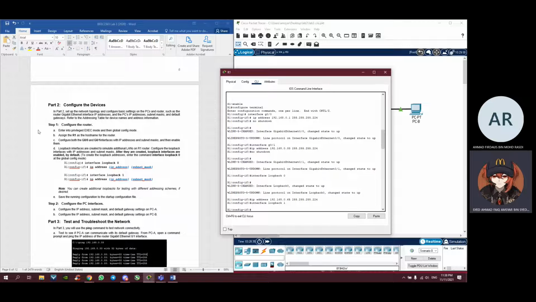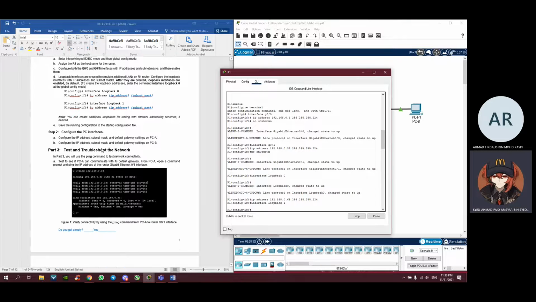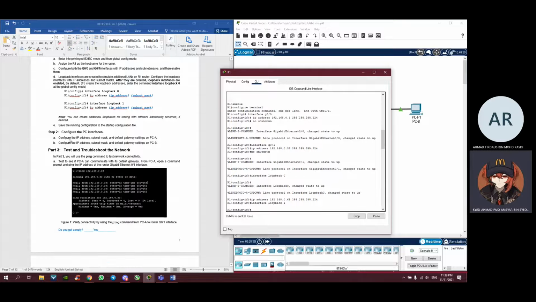Enter privileged EXEC mode and global config mode. This is just like steps 1 and 2, we are just doing the same thing. And then step 1 configure, and step 2 configure the PC interface.